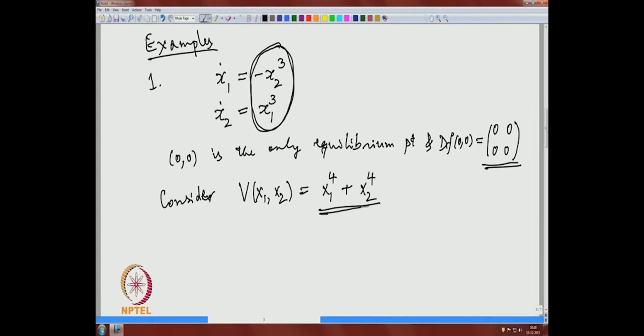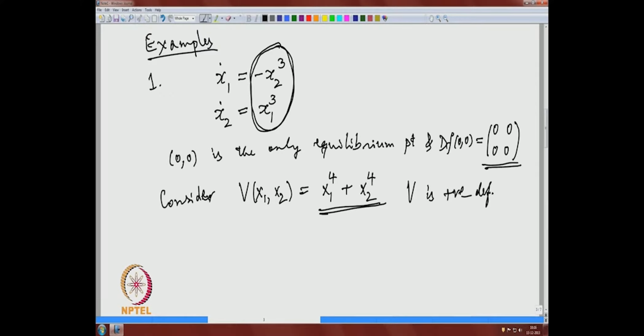It is easy to check that v is positive definite. It is 0 only at the point x1 equal to x2 equal to 0, otherwise it is always positive.